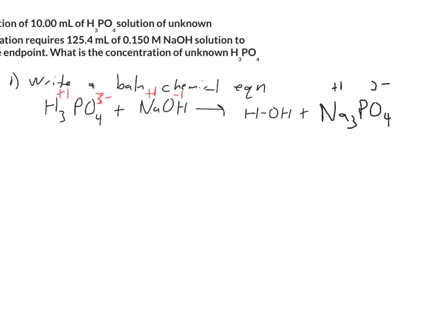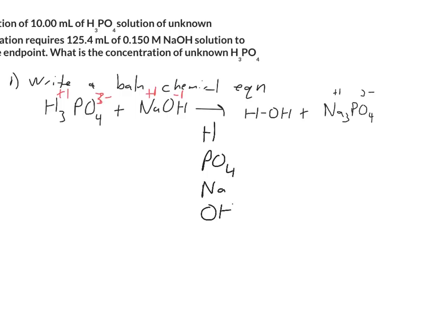Now the chemical equation must be balanced. The reactant side: 3 hydrogens, 1 phosphate, 1 sodium, 1 hydroxide.